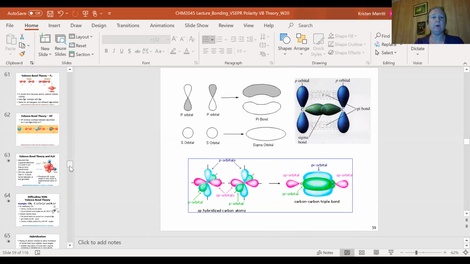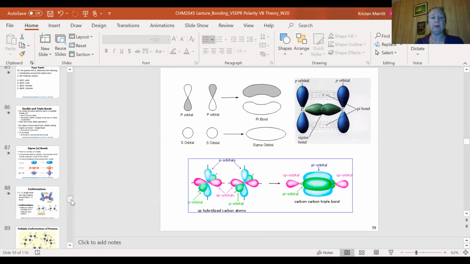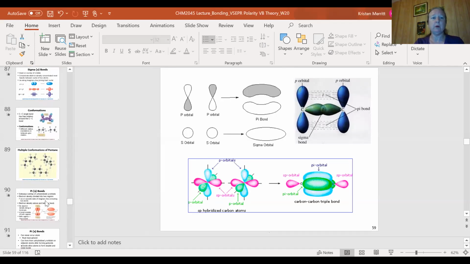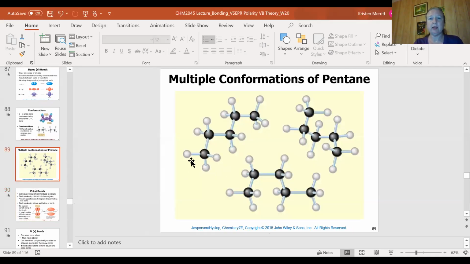And you can see why these cannot be rotated. There is no free rotation around a pi bond, because as soon as you rotate one of the atoms, see, these atoms can rotate all they want, but in a pi bond, you have to have these aligned, and not these atoms, but the orbitals for this atom and this atom.